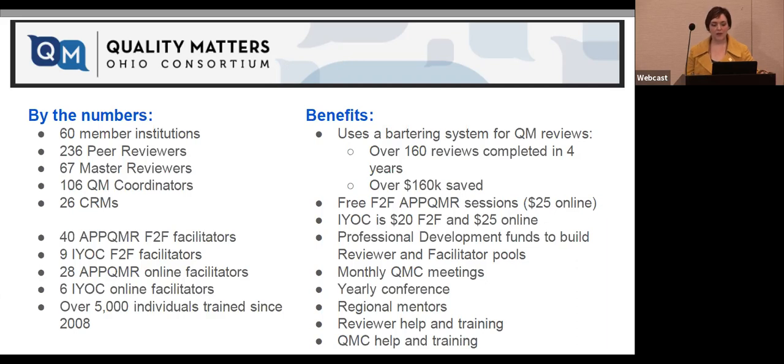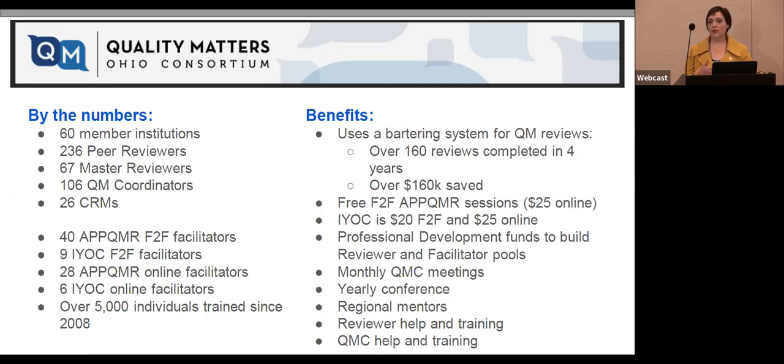Because, and I'll talk a little bit more about this later, we have a bartering system for course reviews. So this was instituted just a few years ago, and again, it's an exchange of services and professional development. So what we do is when you sign on to QM Ohio, you get a certain number of bartering credits just for joining, and then those bartering credits can be spent in the QM review process.